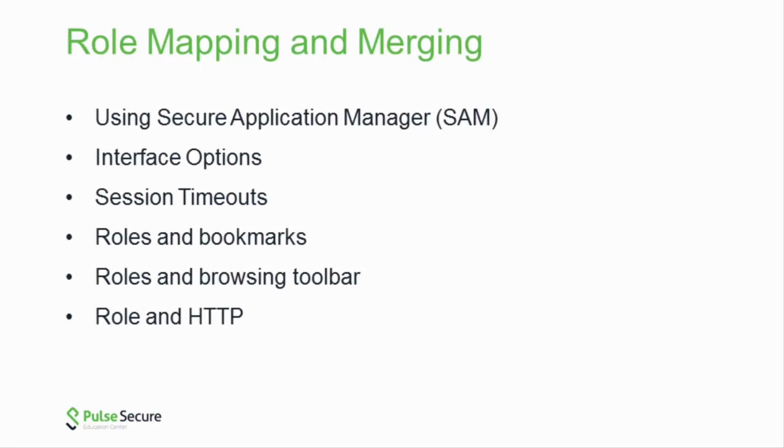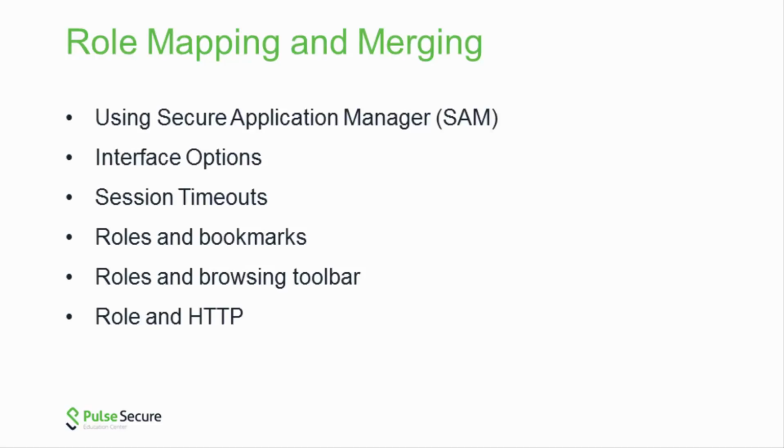Another rule is, in the case of user interface options, Pulse Connect Secure applies the settings that correspond to the very first role to which the user is mapped. An additional rule is, in the case of session timeouts, Pulse Connect Secure applies the greatest value from all the roles to the user's session.